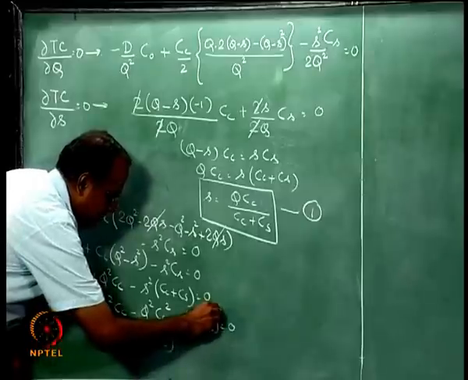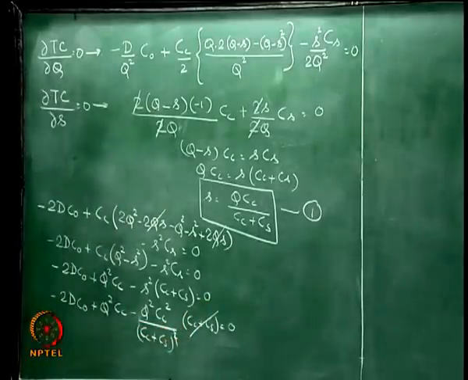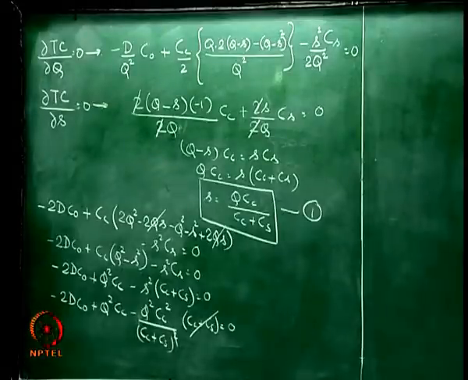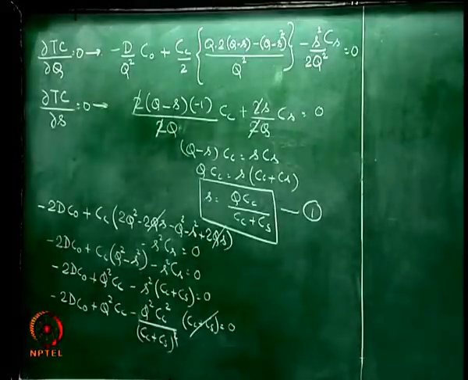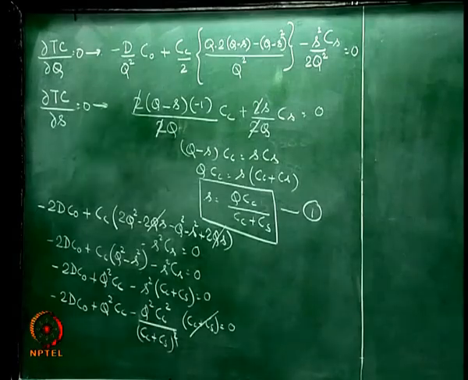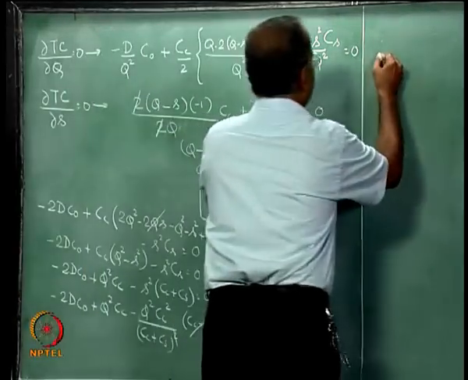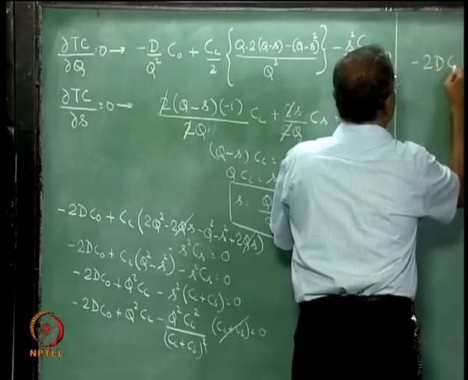Now, this will go and this will remain. Now, this will simplify to minus 2D C naught.